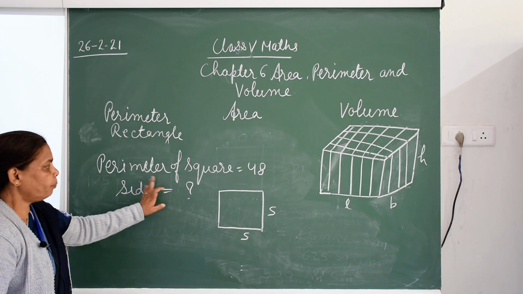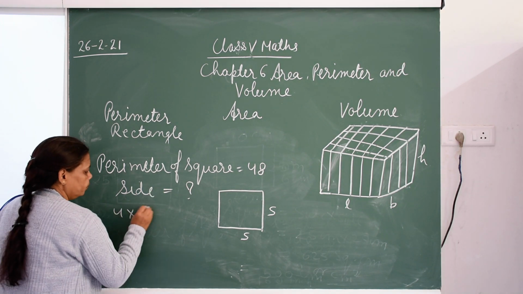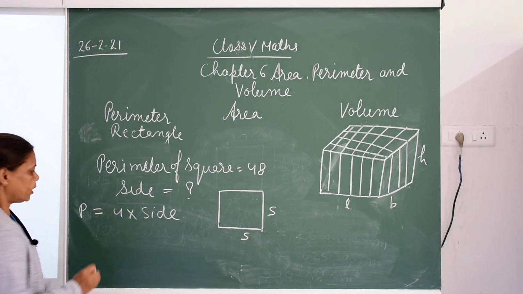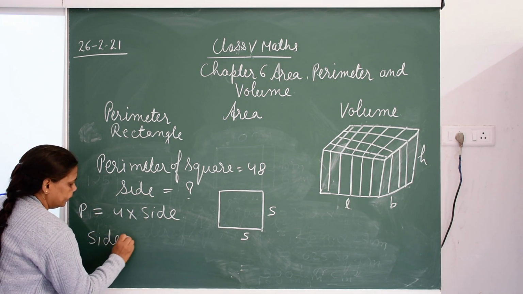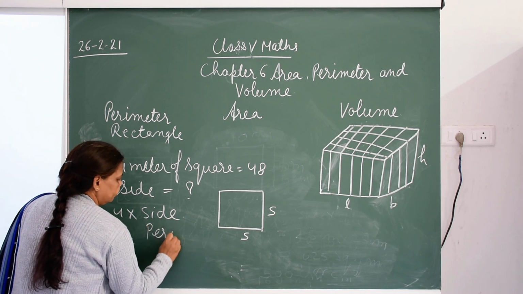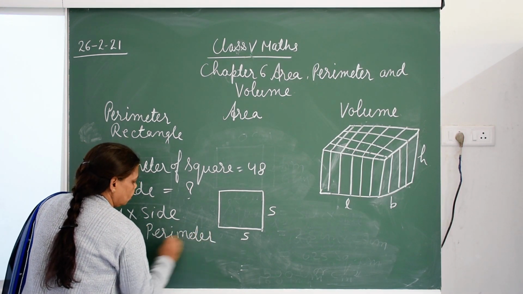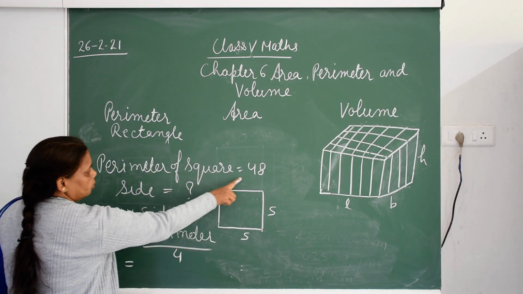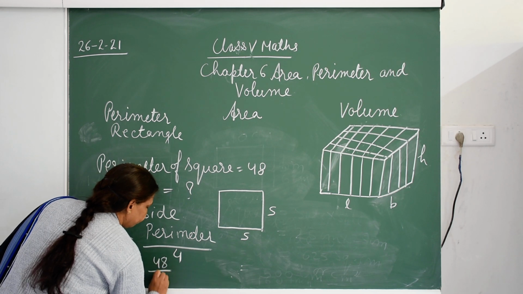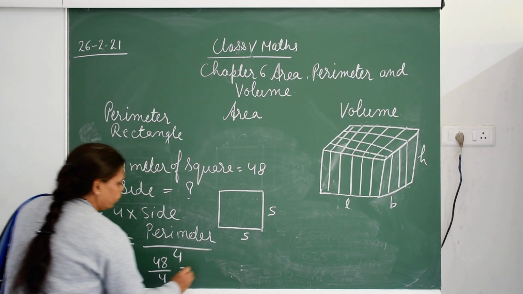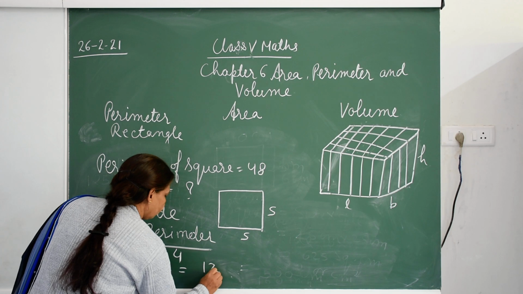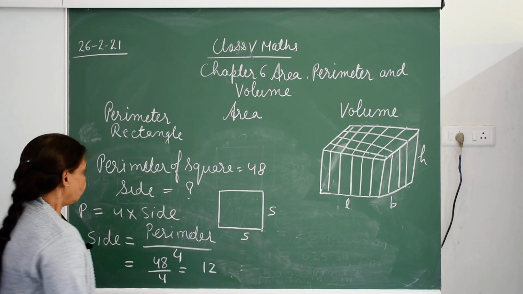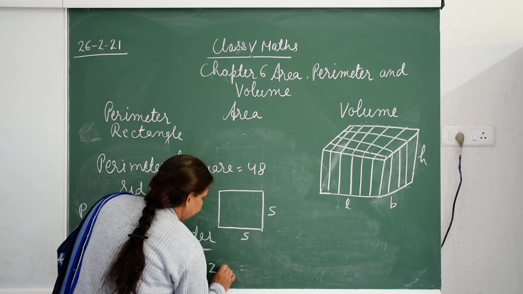So what is the formula of perimeter of square? 4 into side. When you have to find the side, we will put side here and perimeter upon 4. So perimeter is 48 divided by 4. 4 1s are 4 and 4 2s are 8. So length of one side is 12 centimeter.